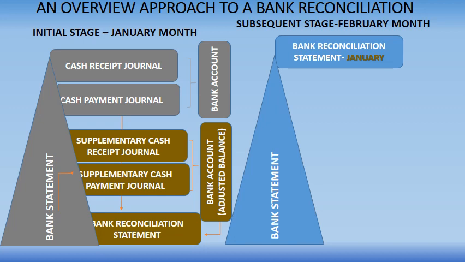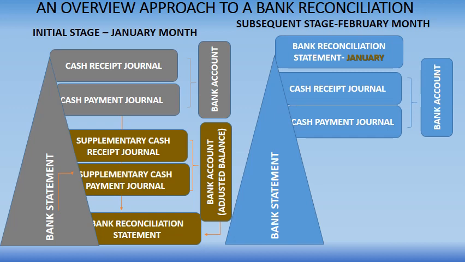The reconciliation will continue by comparing the bank statement with the cash journals. Similar items will be ticked. Items that remain unticked will be marked with a circle on both the statement and the cash journals.